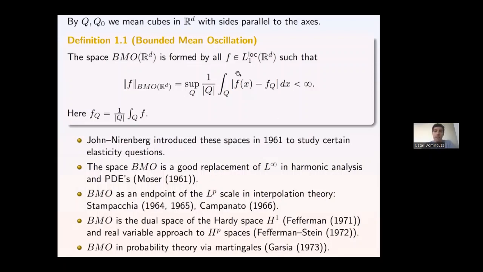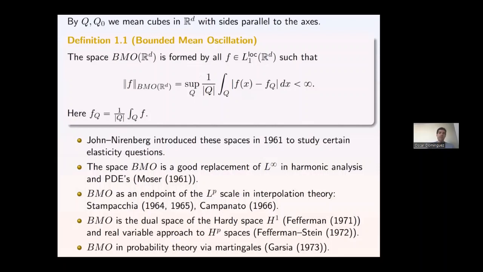Also in the '70s, people started to investigate the space BMO from a probabilistic point of view. Here you can replace the mean oscillations by certain martingales, and then you can mimic the definition of BMO, but now from a probabilistic point of view, and this was mainly developed by Garsia and his school in the 70s.